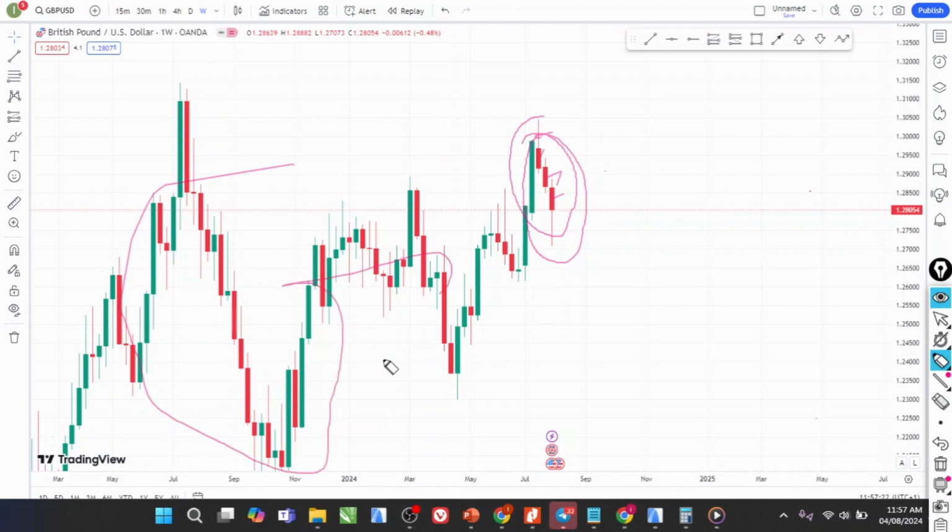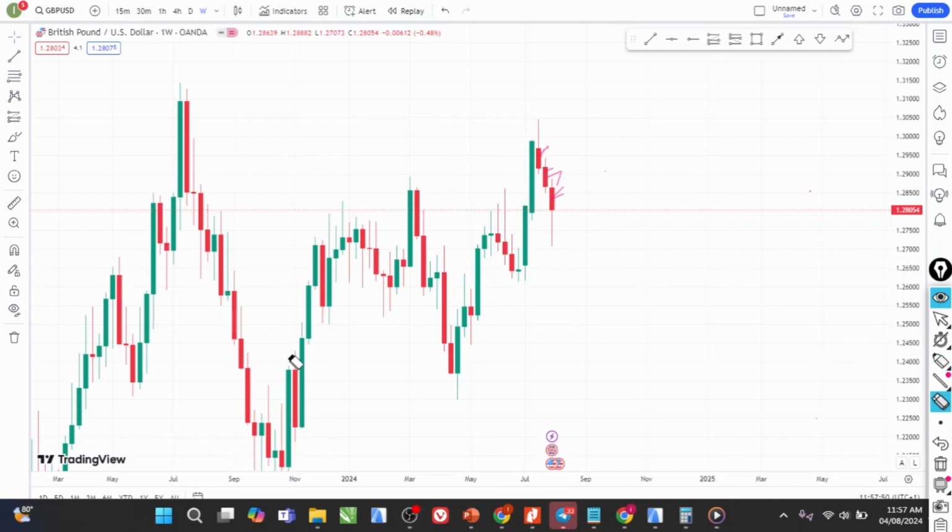Do you understand? So now we know that for the past 3 weeks, GBP USD has been in a downtrend, because this is the weekly time frame and each candle you see here represents 1 week. So look at this, 1, 2, 3. This is 3 weeks. So for the past 3 weeks, GBP USD has been trending down.